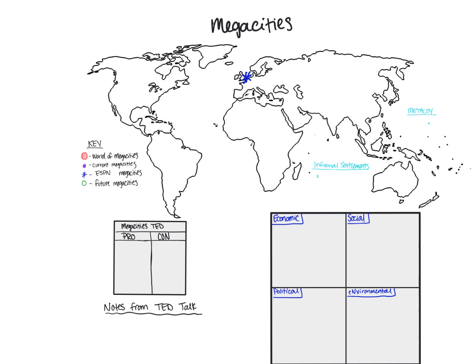So it's not a whole lot of slides, but there is a lot of information for you to either read or watch. So you're adding all of this stuff to your megacities map. ESPN chart, pro-con chart, notes and stuff can go on the back side of your map, and then you are filling up the front side of your map with all of this stuff, okay?